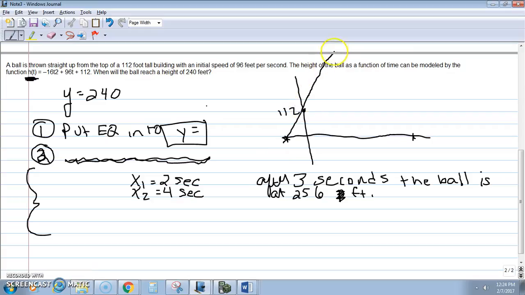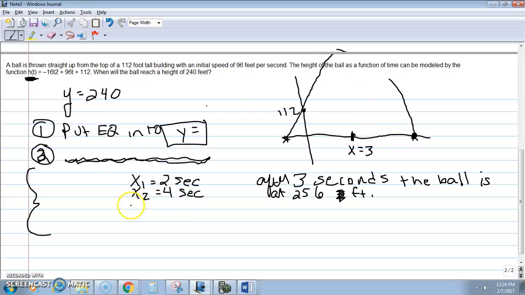Because it's going to go all the way up to 256 and all the way back down. You know what I do know? I do know if my line of symmetry is at x equals 3, because that was my maximum point, 3 comma 256. Then I know that where it hits the ground, oh, no, I don't know that. I can't tell you that.